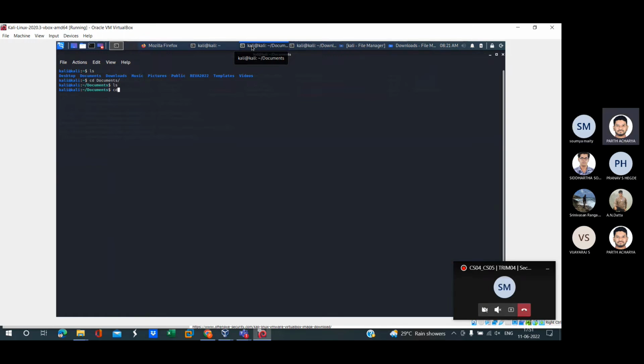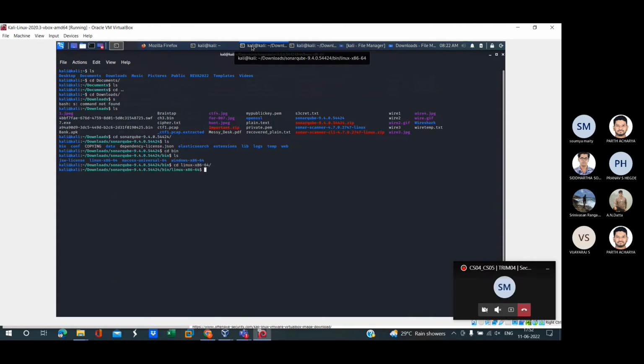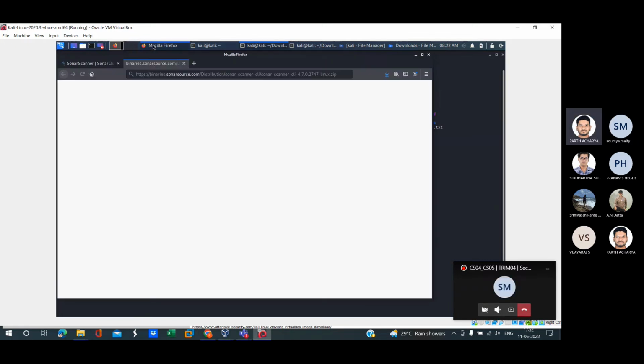cd downloads. This is Sonar Cube. Okay. So it got started. Again, I need to take that token, no? Yes.